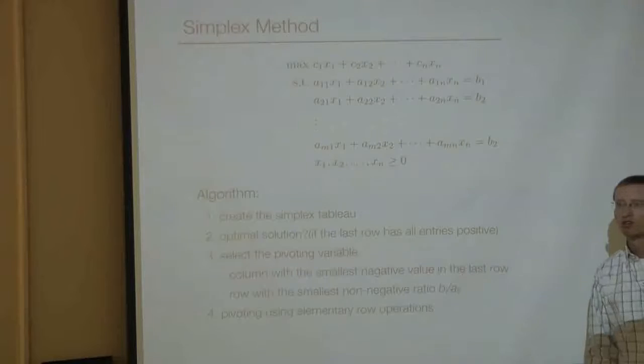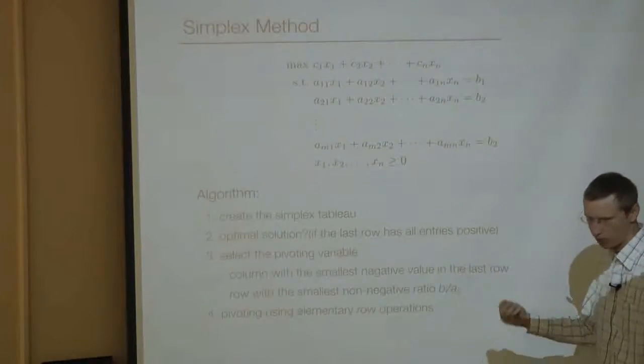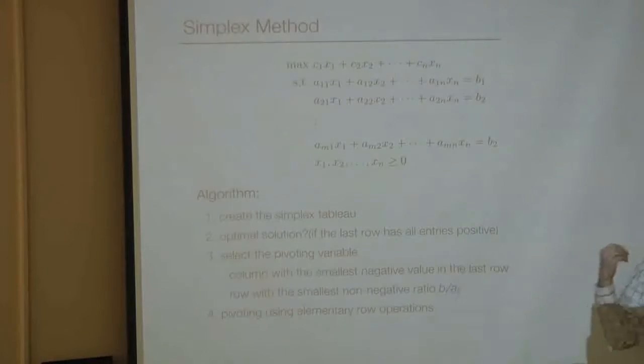And then we pivot using elementary row operations. Probably, or at least you hope that you would never do this by hand, but you could. Probably in the exercises you could do at least a small example, because you have to get used to how the software does it. So the software performs these pivot operations, checks optimality, and repeats all over.